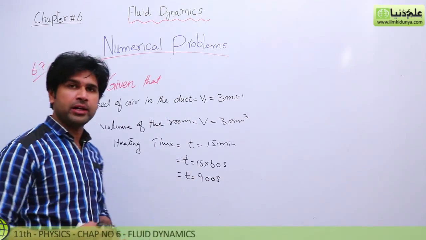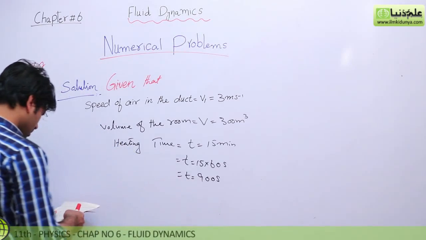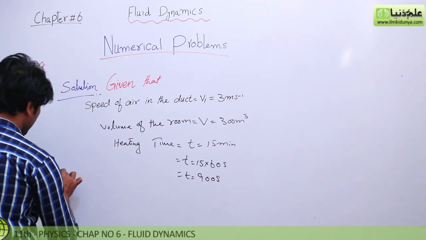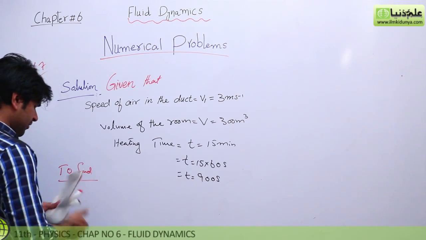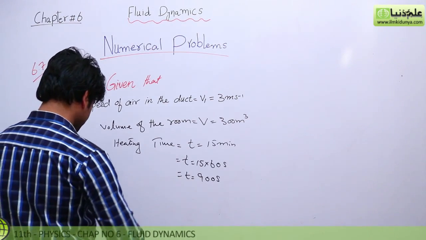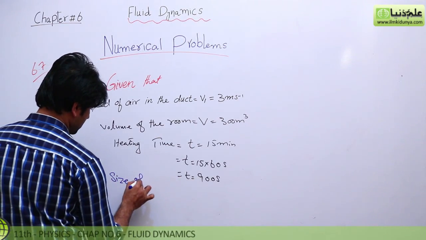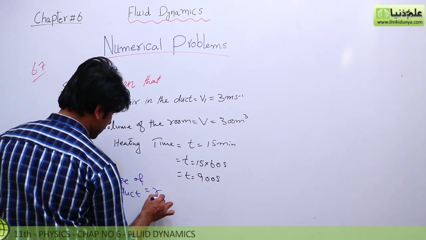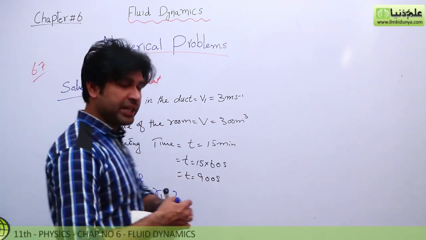What will we have to find out? We will have to find out the size of the duct, which can be denoted as R1, the radius of the duct.